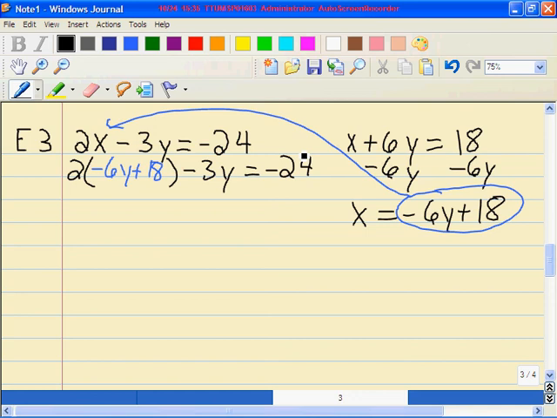Now to do this we'll have to use the distributive property, meaning we'll have to multiply both numbers inside the parentheses by this 2, and we'll get negative 12y plus 36 minus 3y is equal to negative 24.